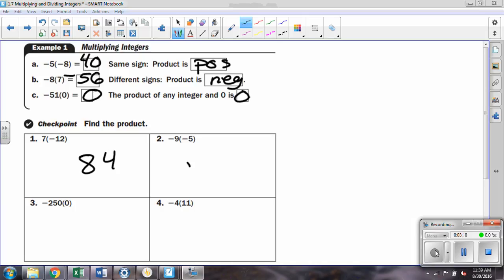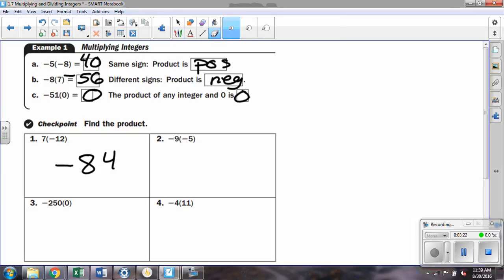Should it be positive or negative 84? Negative, because the signs are different. Negative 9 times negative 5. 9 times 5 equals 45. Should it be positive or negative? Positive, because the signs are the same.